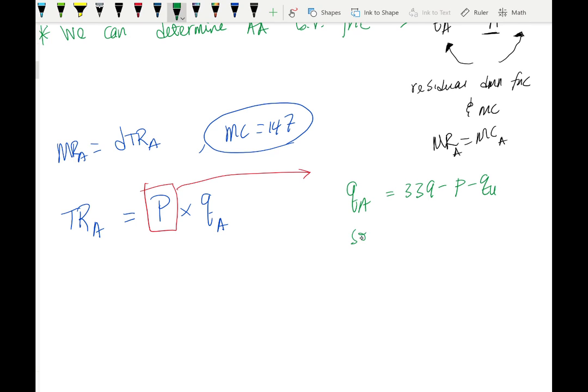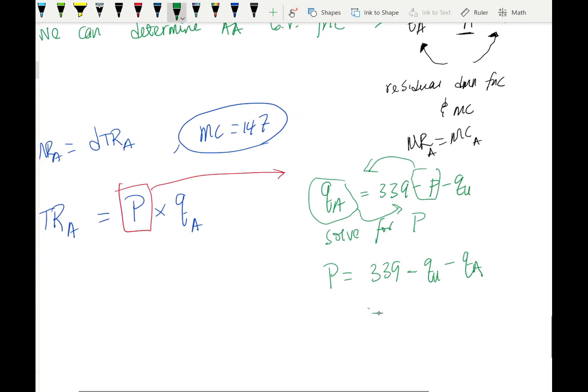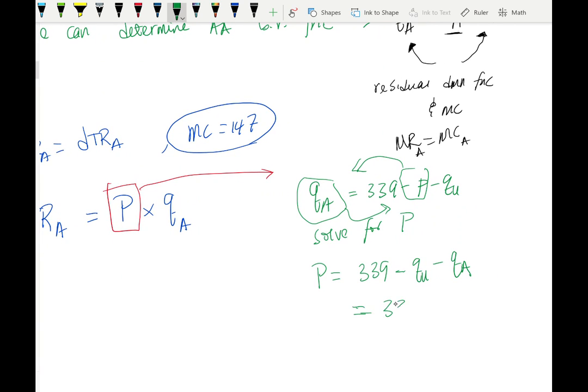So we can solve for P, which would give us that P is equal to 339 minus QU minus QA. Notice that this is 339 minus (QU plus QA), which is 339 minus Q.